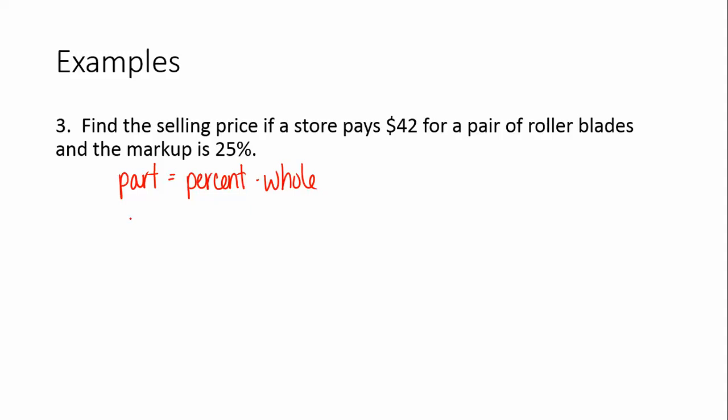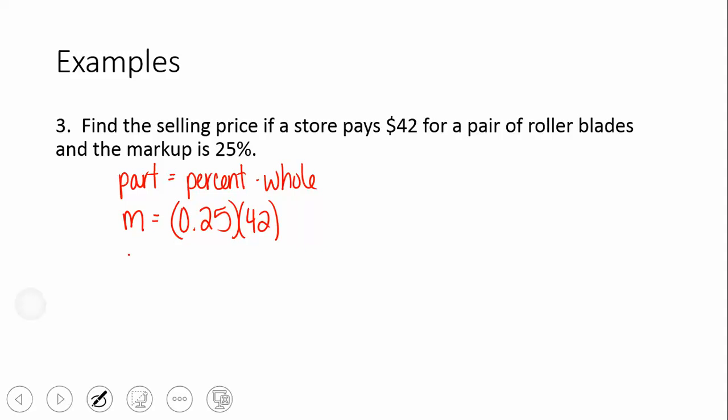So in order to find the part, or the markup in this case, let's call it M, we're going to take 0.25, notice I'm changing the percent to a decimal, times $42. So 0.25 times 42, so the markup amount is $10.50.